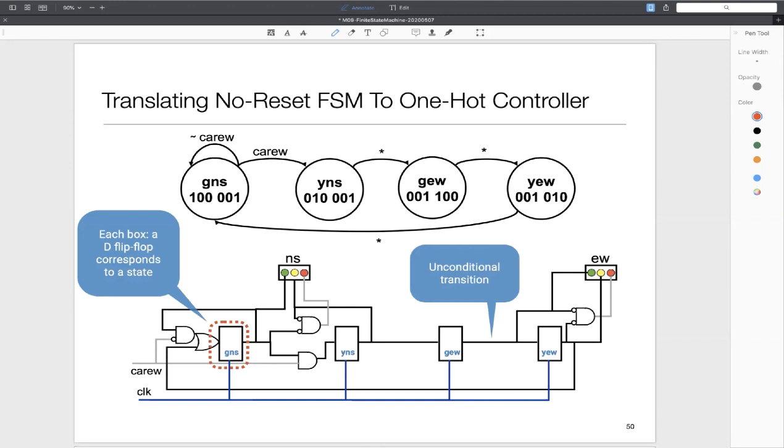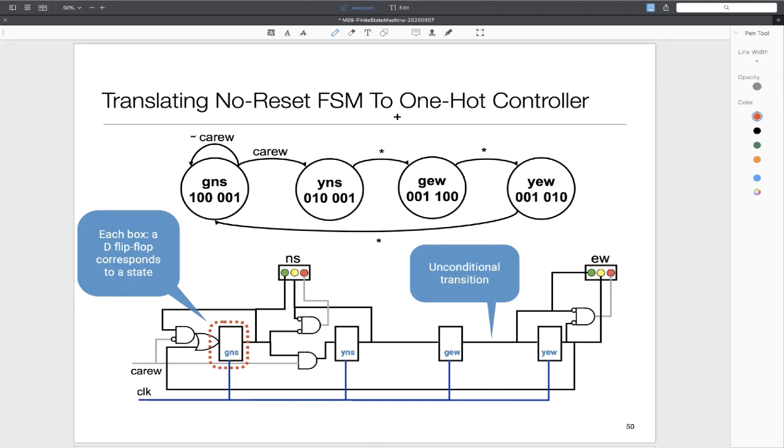Okay, thank you. Just one last quick question. If you look at the state diagram you have, there is an AND gate that feeds into the YNS, right? One of the inputs of the AND gate is obviously CAR EW, and the other one is the output of the GNS flip-flop. So why is it the GNS flip-flop? Because you want it to turn to YNS if CAR EW is 1 and GNS is 1.